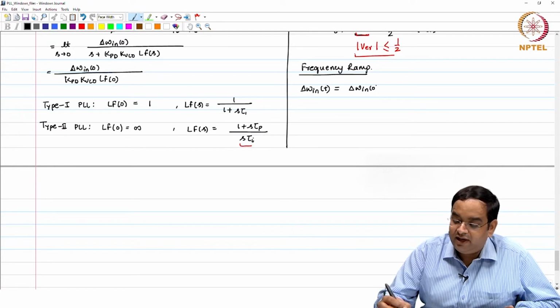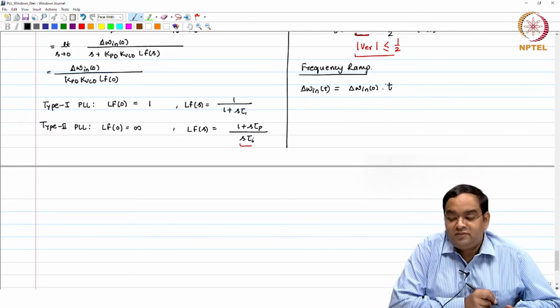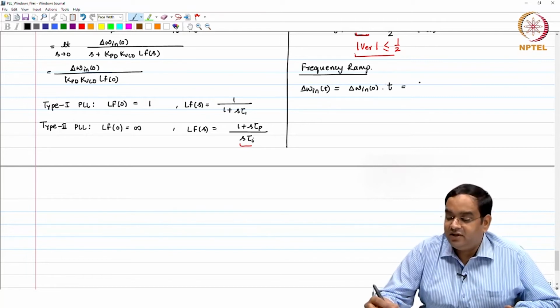I am calling that rate delta omega in 0 times t. So, this is like an integral of delta omega in 0 times dt.